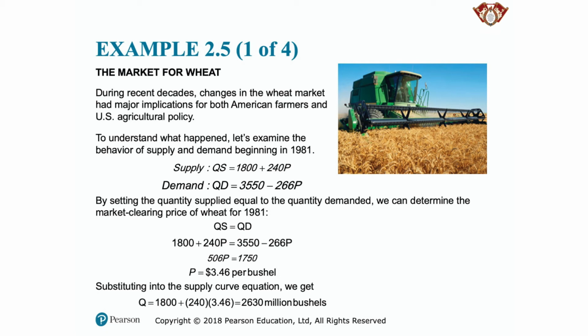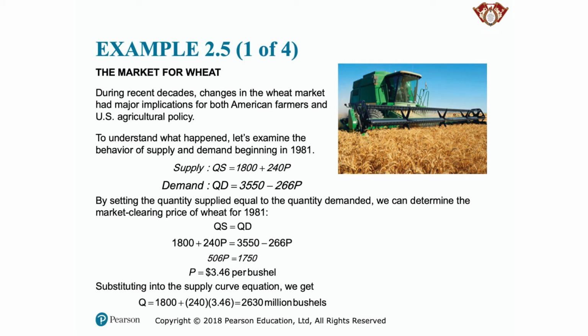By setting quantity supplied equal to quantity demanded, at the equilibrium price, quantity demanded should be equal to quantity supplied. Then we can calculate the equilibrium price, right? That price is $3.46 per bushel.